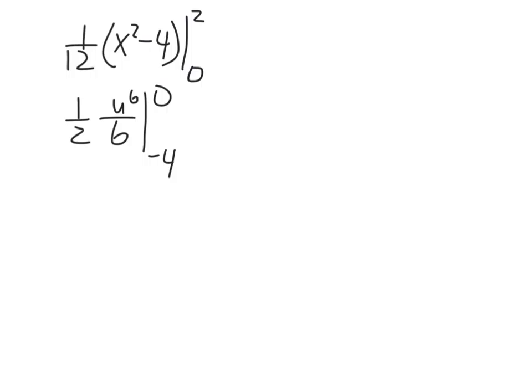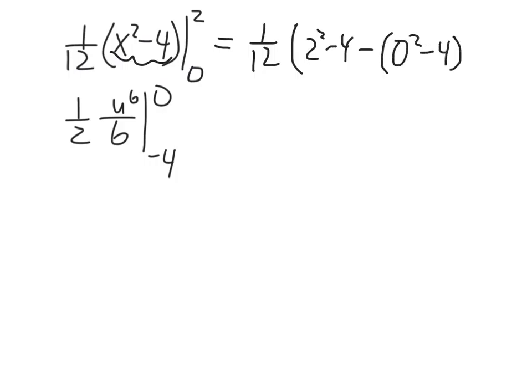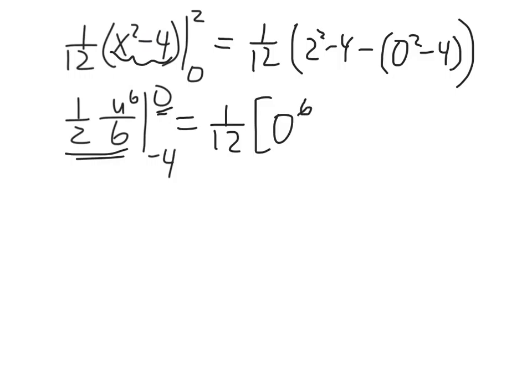So our two different directions: we have this to then apply the fundamental theorem and plug 2 in here, and then minus plugging 0 in, or in this direction, well, I didn't write the 1/12 but could, and then going from -4 to 0, we start with the 0, and I'm missing something, aren't I?